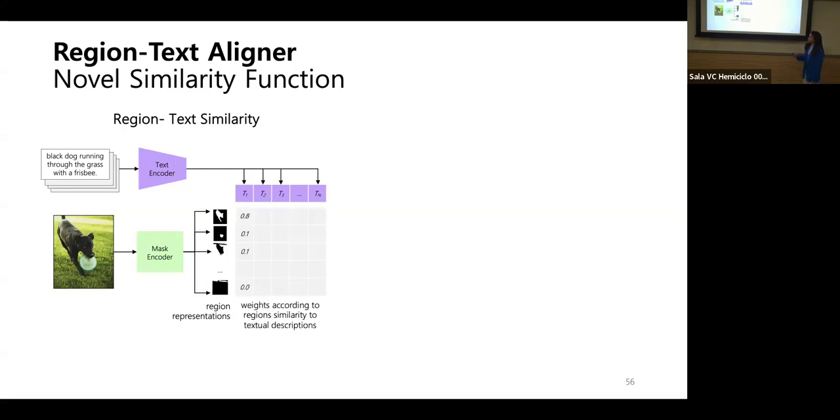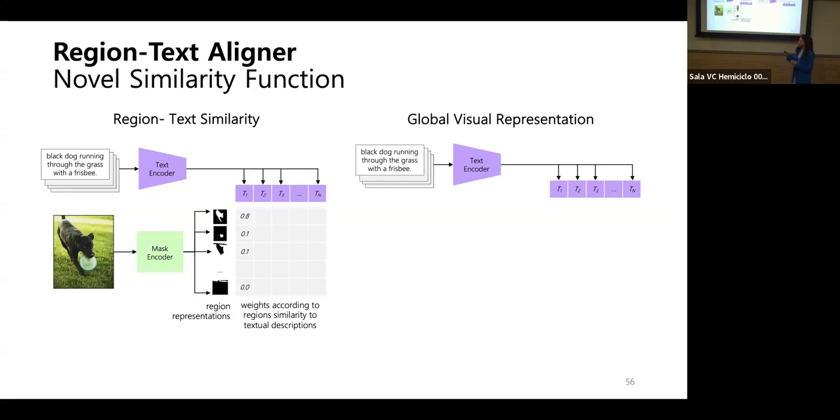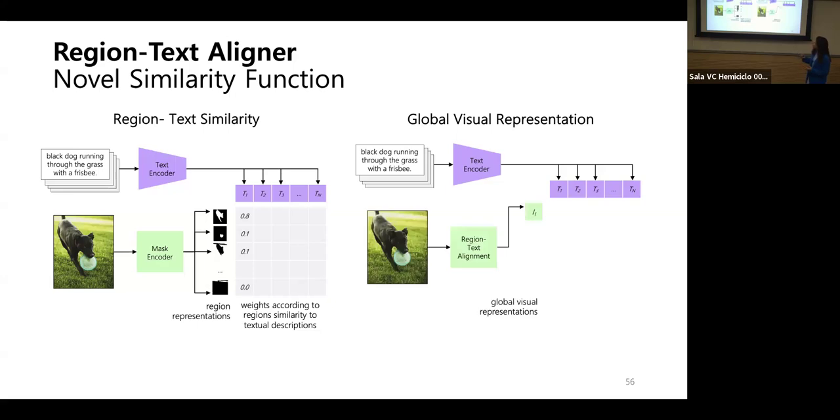We compute the cosine similarity between all the captions in a batch and all the segments for that image. That gives us weights according to the similarity between the region representations and the captions. We use those weights to produce a global representation for that image, a linear combination of the embeddings. Then, once we have a global representation for each image, we can continue doing contrastive learning as before.